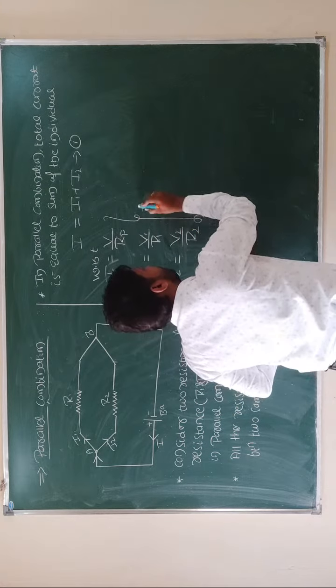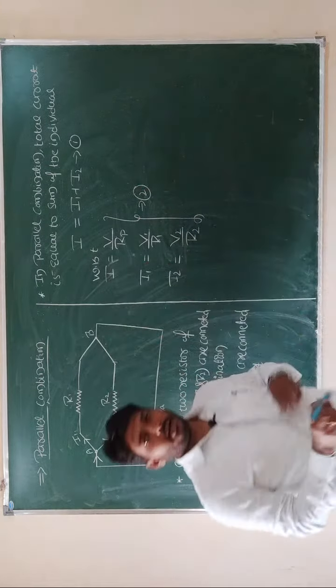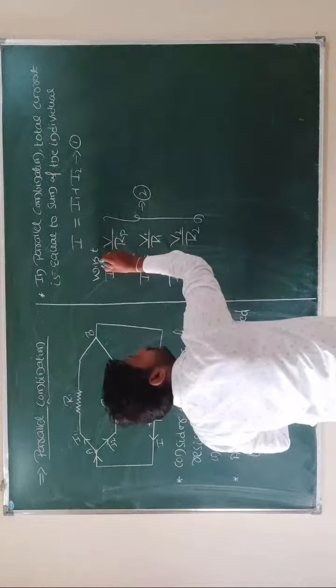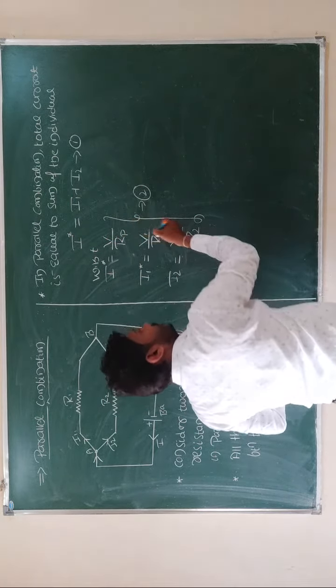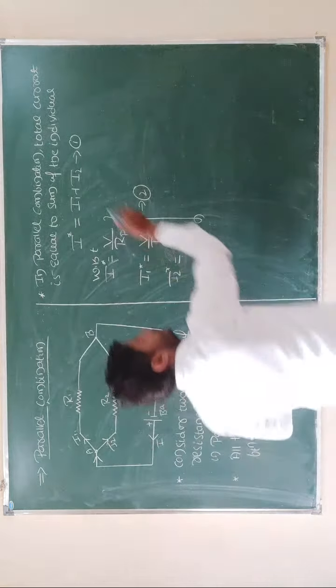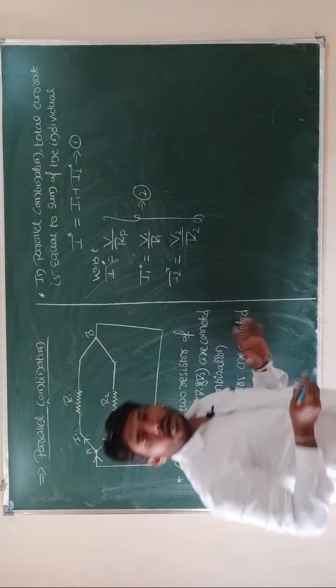Let me take this as equation 2. Wherever the I term is there, I will take it as V by Rp. I1 means V1 by R1, and instead of I2, I will take V2 by R2.